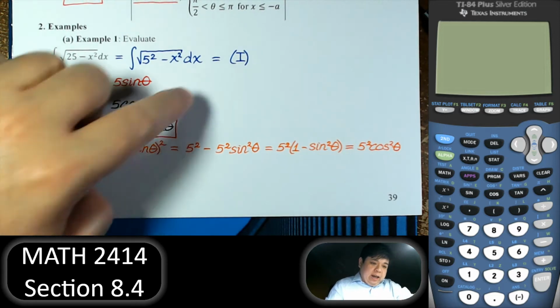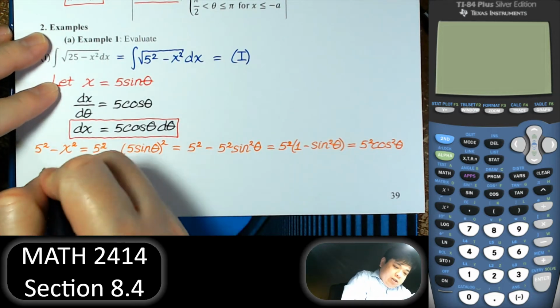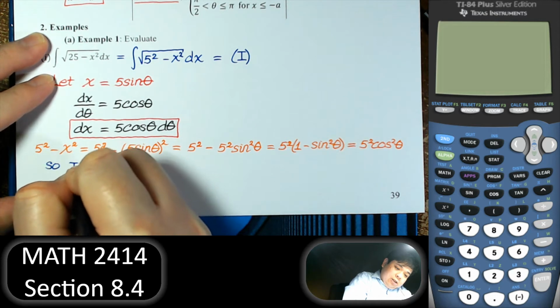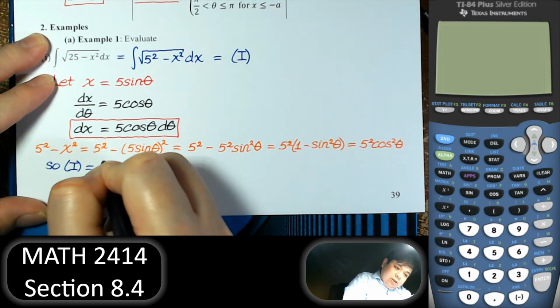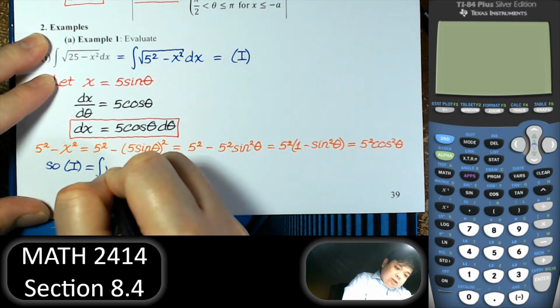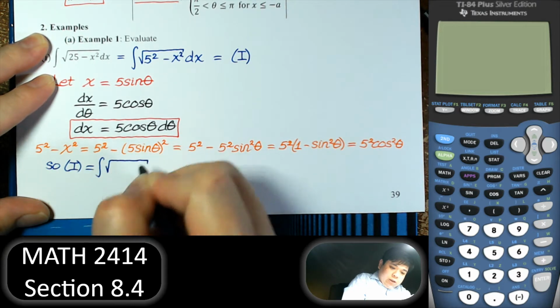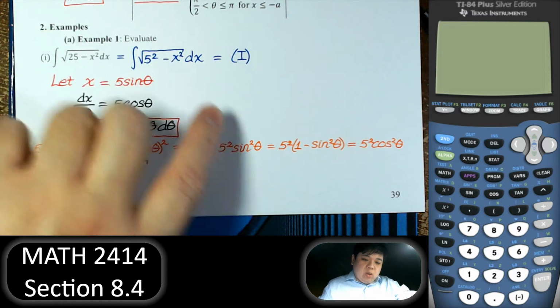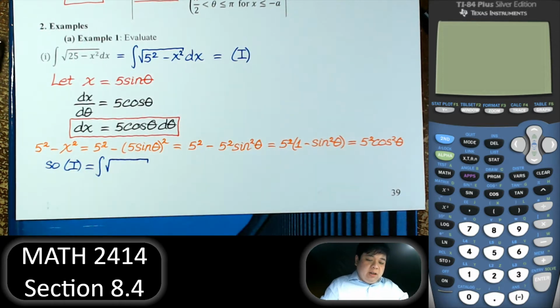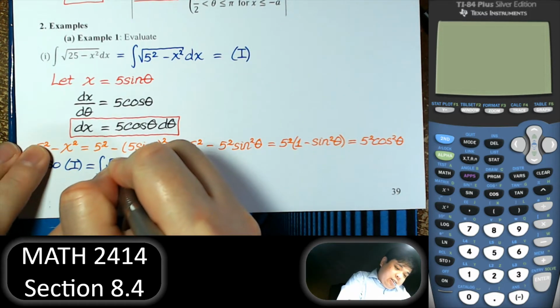Right. Now we substitute back into the integral. 5 squared minus x squared is 5 squared cosine squared.